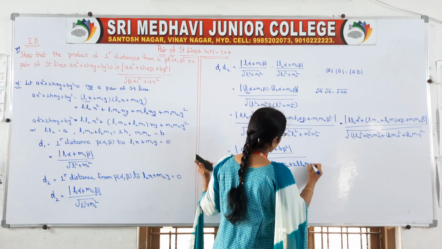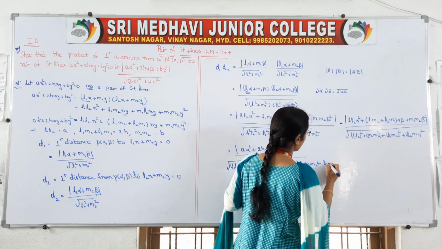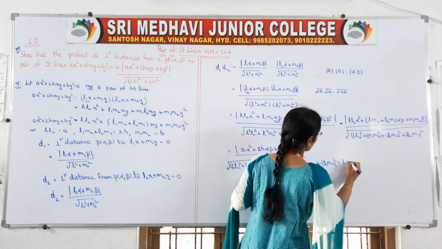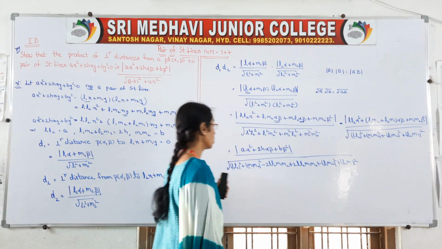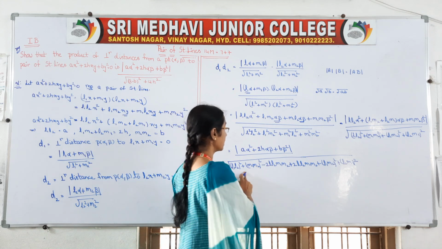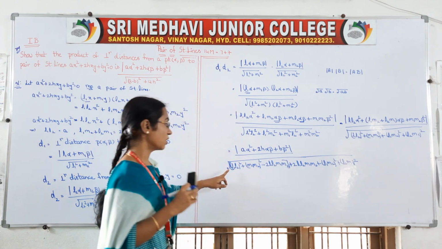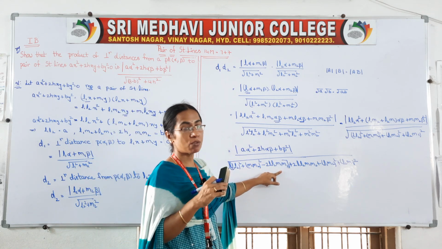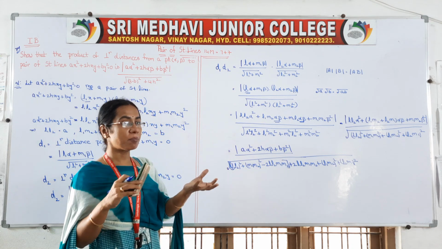Plus 2 L1 L2 M1 M2, plus the remaining terms (L1 M2) whole square plus (L2 M1) whole square. Next, if you observe, this is of the form a square plus b square minus 2ab, so in place of that we can write (a minus b) whole square.